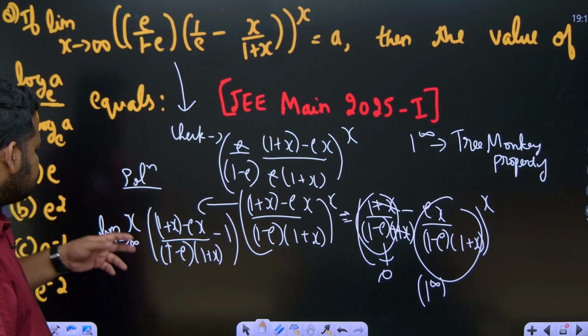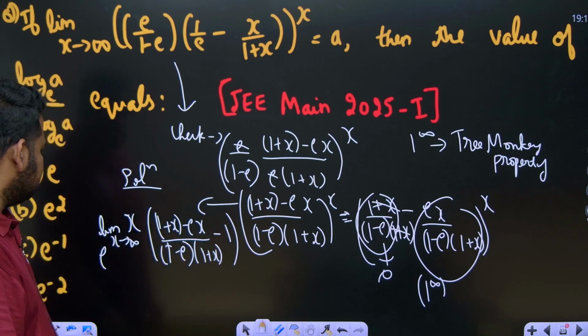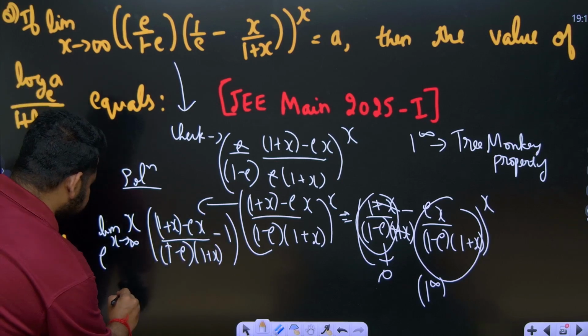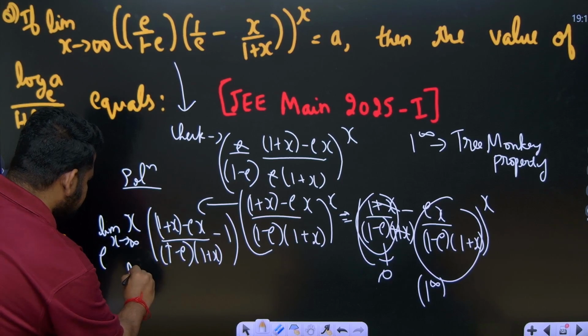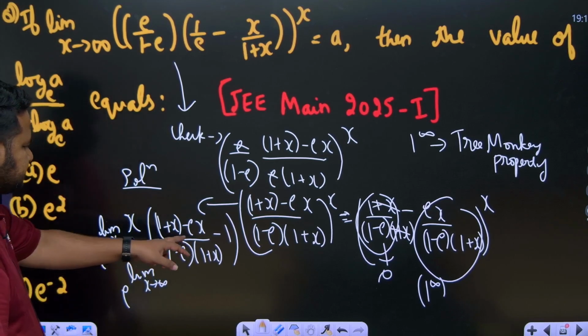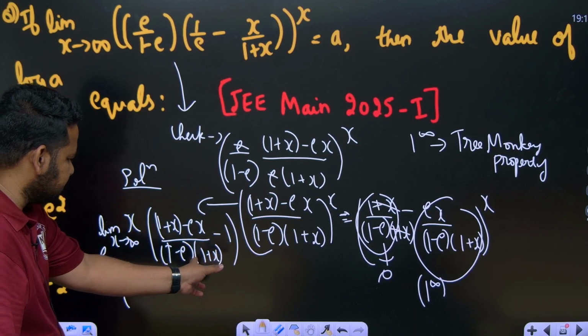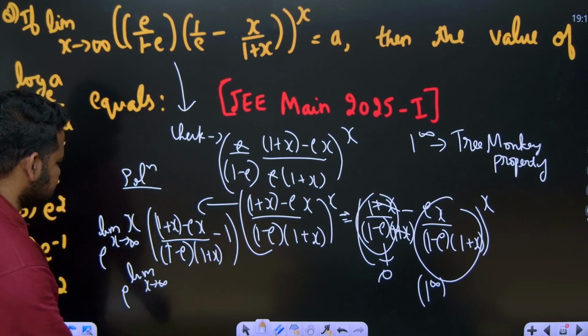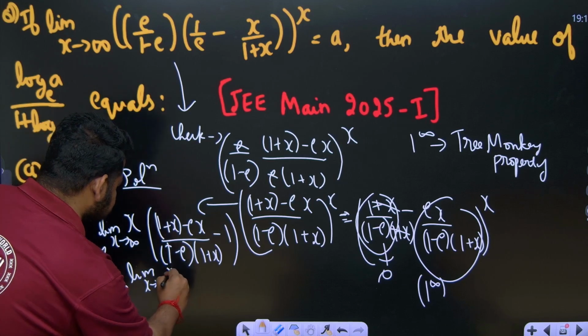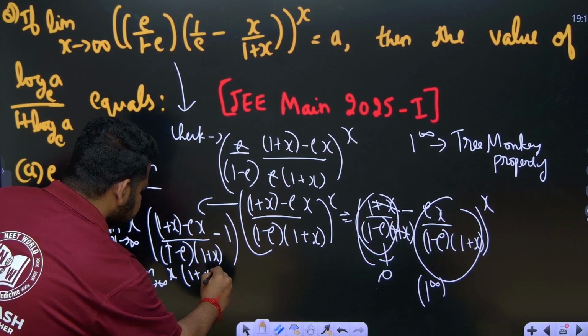So now see here, friends, 1 plus x minus ex. Here I have to multiply with 1 minus e into 1 plus x. So let me write x as it is, 1 plus x minus ex.